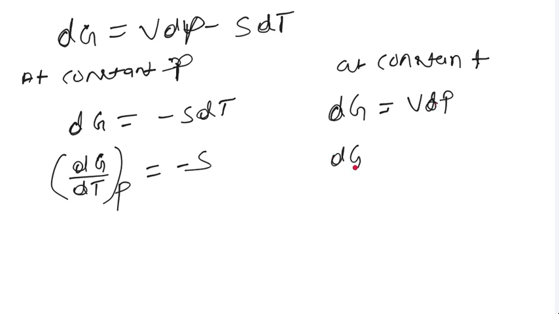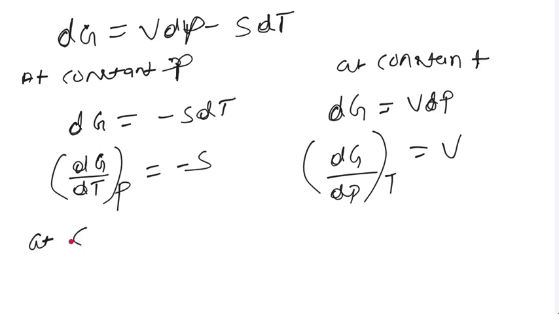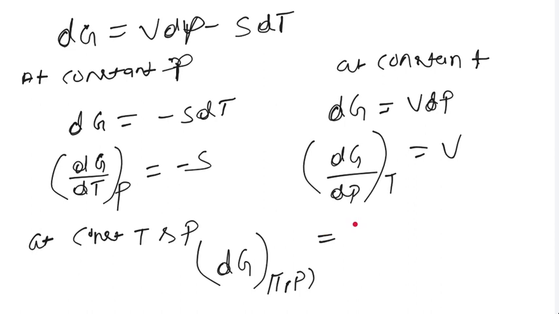That means dG by dP at constant temperature will be equal to volume. Both at constant temperature and pressure, the change in energy will be 0. So that's why G decreases with increasing temperature at constant pressure.